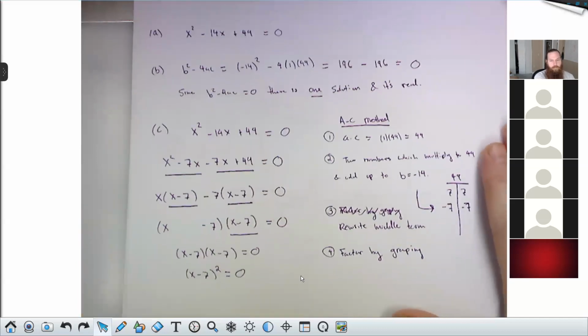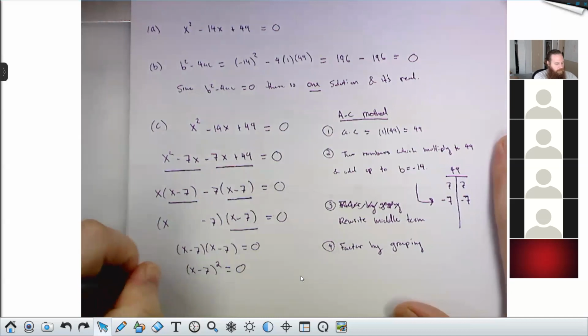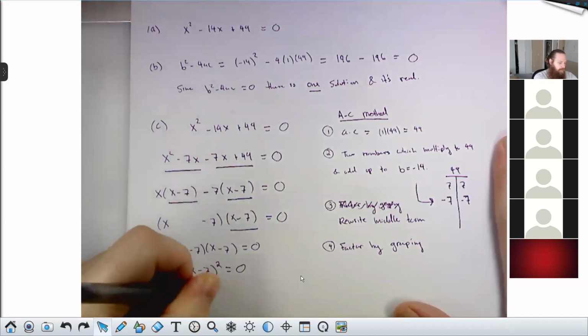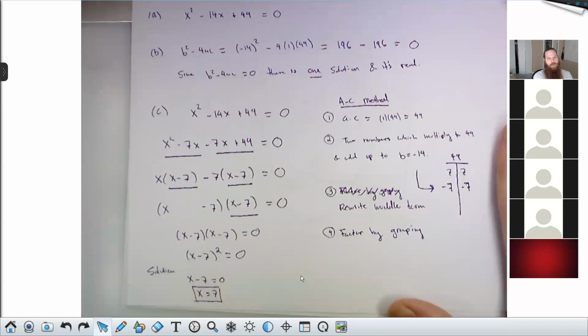If you want to write it like that, both are valid. In any case, the only solution comes from setting x minus 7 equal to 0, which means x is equal to 7. And as we suspected from our discriminant calculation, we found just one solution, right? Both of those factors give us the same solution, x equals 7.